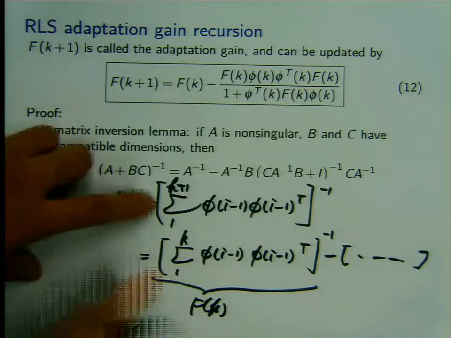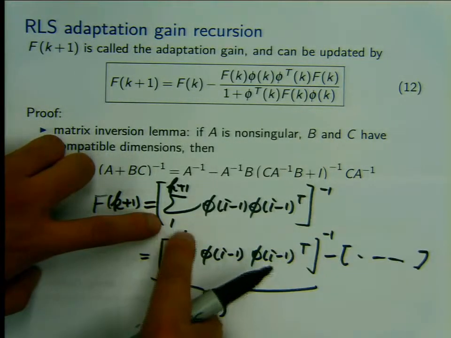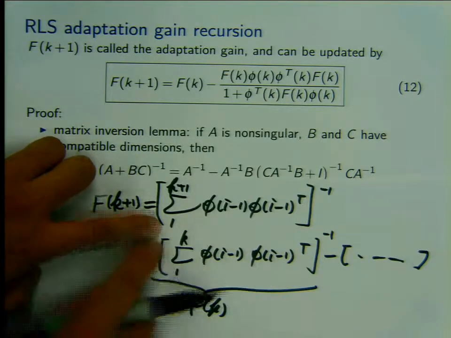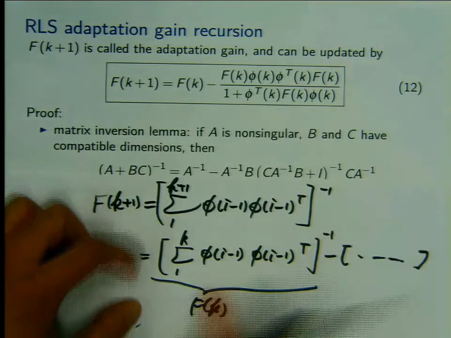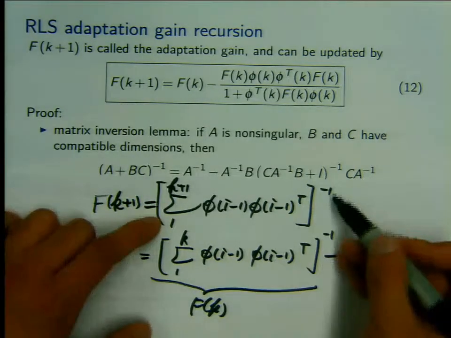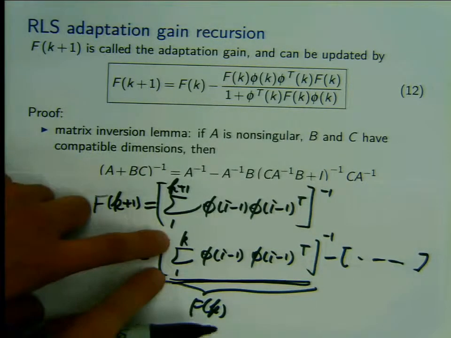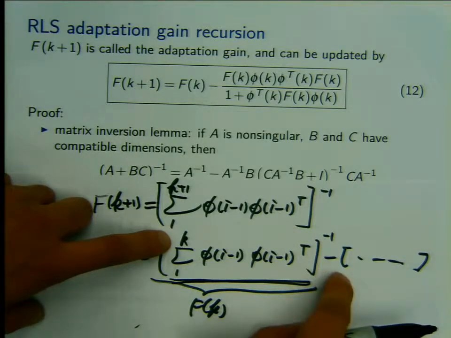It turns out when you are considering the inverse of a matrix that consists of a bunch of summations together, you can decompose this inverse by whatever is used up to time k, and then minus some other terms.